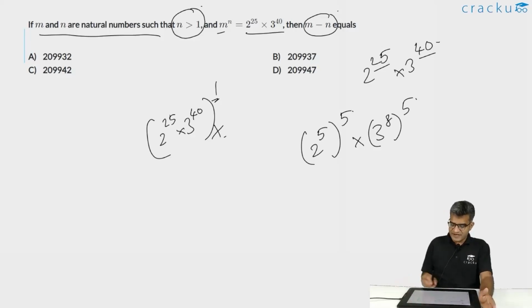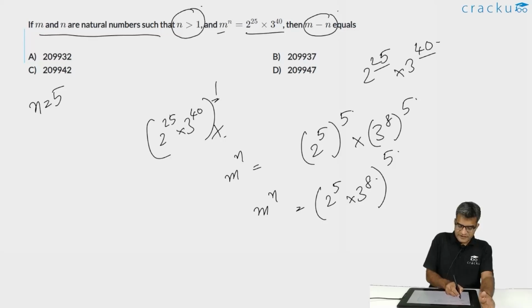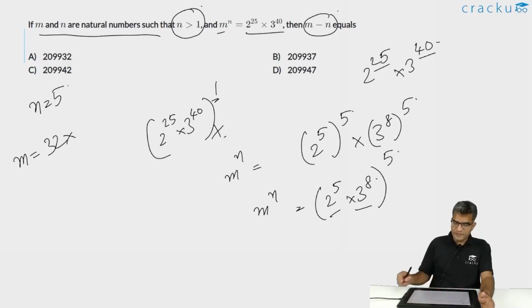So the only way we can write it as m to the power n is if we write m as 2 to the power 5 into 3 to the power 8 and n is 5. So the value of n is 5 and the value of m is 2 to the power 5, which is 32, into 3 to the power 8. 3 to the power 4 is 81, so this is 81 into 81.